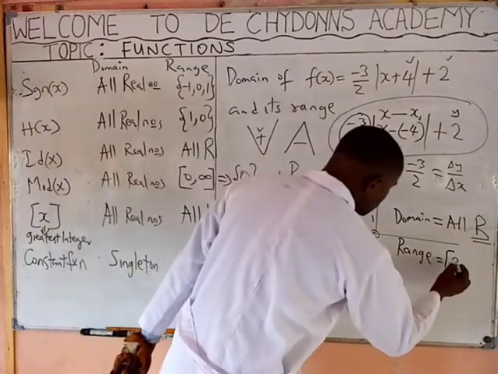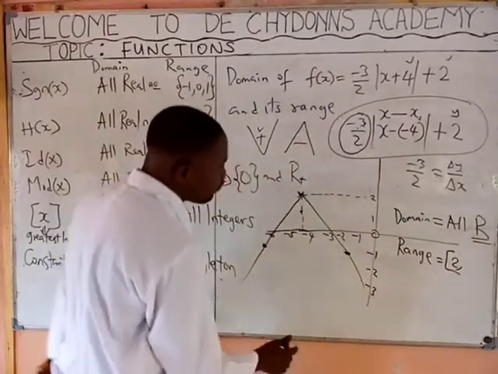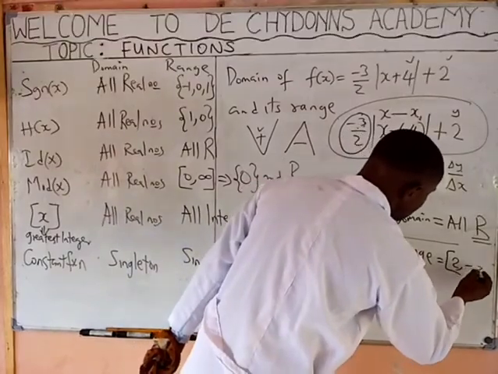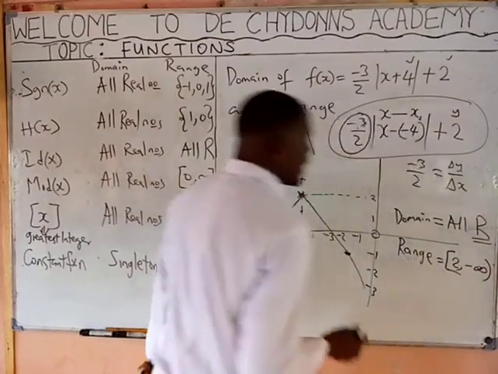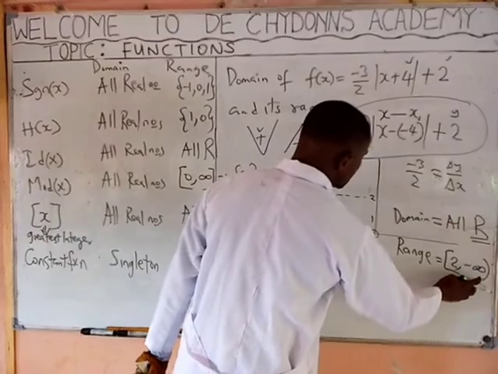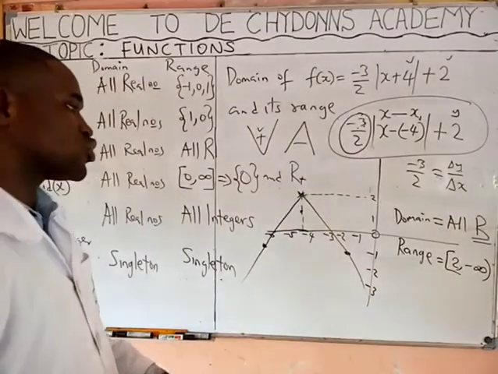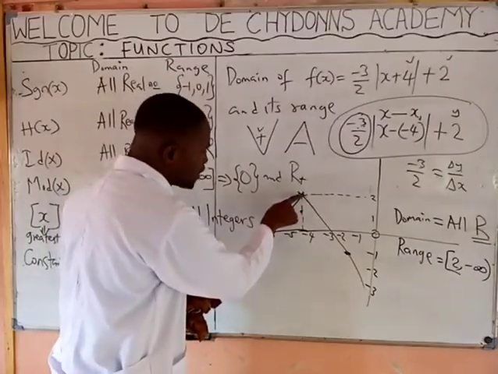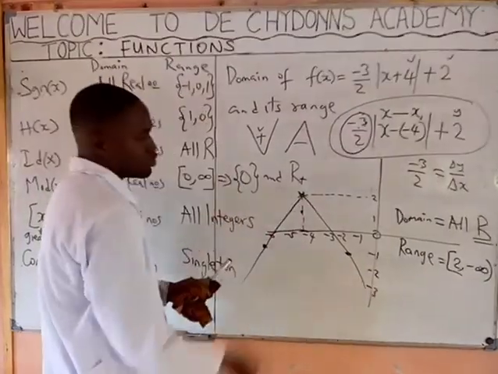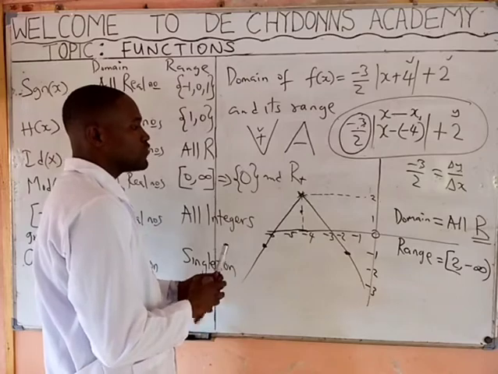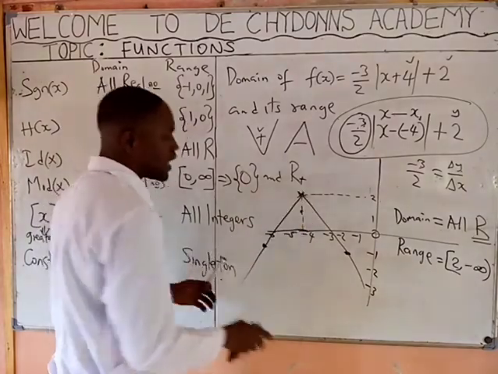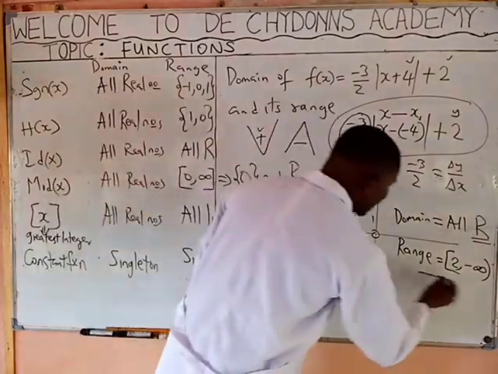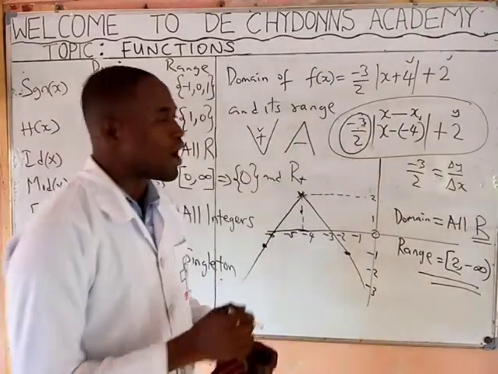So it starts from 2, towards negative y-axis, we say to negative infinity. Negative infinity is always closed with an open bracket. Don't close it with a close bracket. That tells us that the range of this graph is from this point down to negative values of your Cartesian axis. So that is the solution to that question.